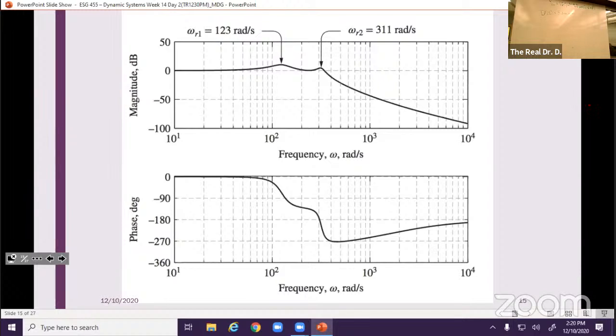So what do we do? Well, first, let's identify 1,000 radians per second. This line right here. Right? There it is. There's the magnitude at this frequency.